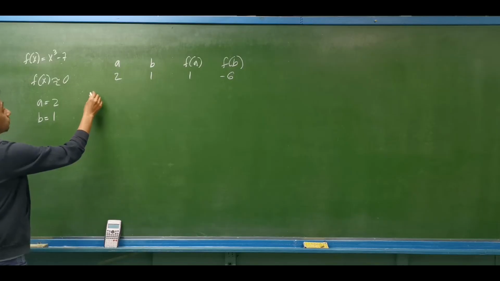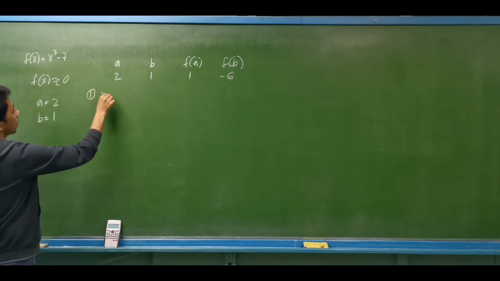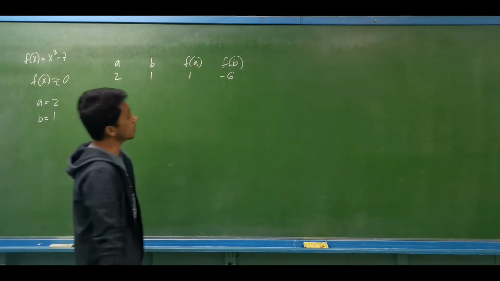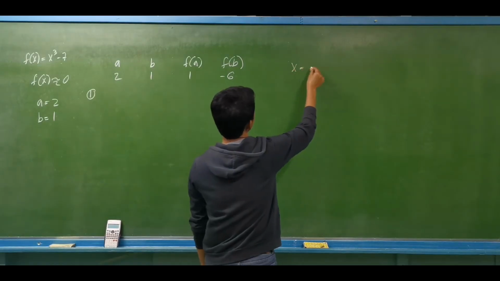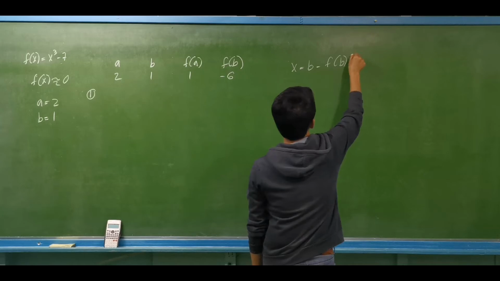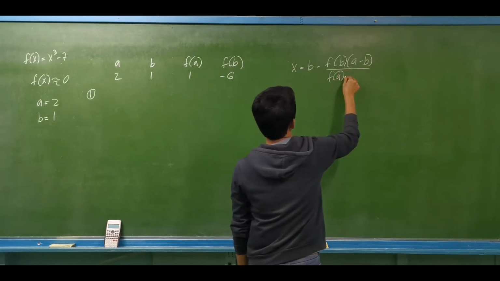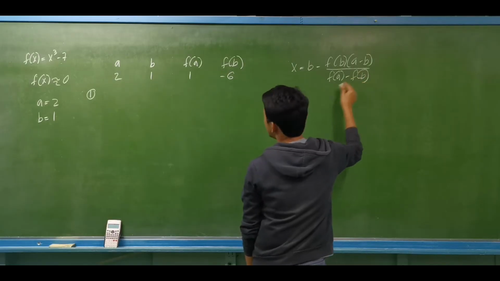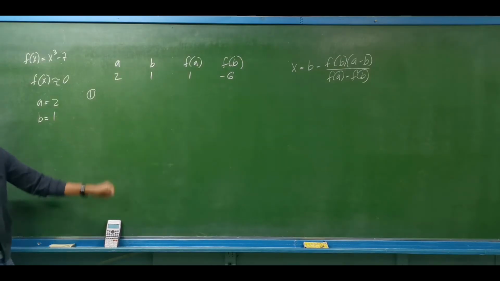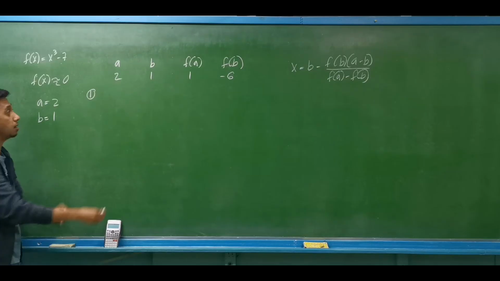Let us now compute for the new value of x, for the first iteration. That is x is equal to b minus f of b multiplied by a minus b, divided by f of a minus f of b. How do we start the iteration? We use the value of b as the next value of a.